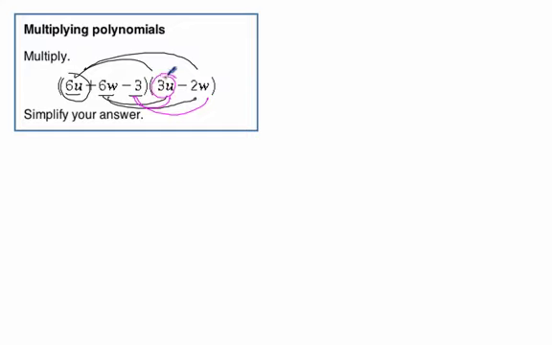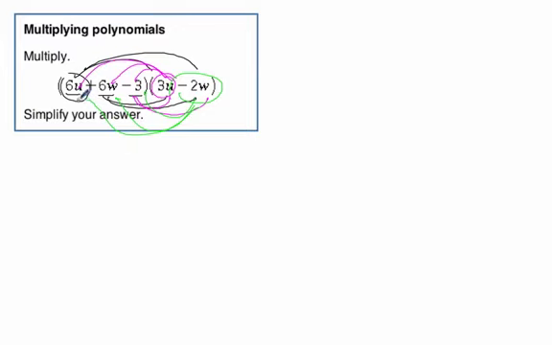You could start with this one and multiply it by all 3 of these, and then take the -2 and multiply it by all 3. You're going to get the same answer either way.